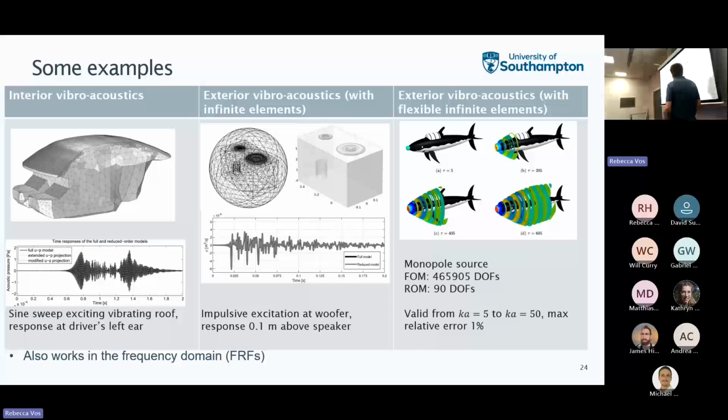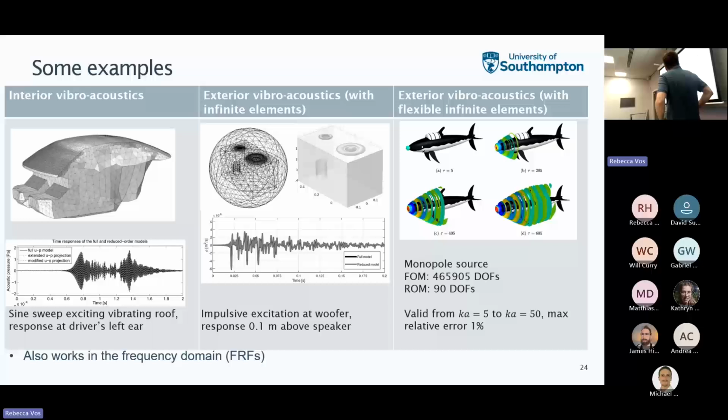And some other examples. Here we have a car cavity where we modeled also the roof. So it's a vibro-acoustic model where we excited the roof with a force and then calculated the response because of the sine sweep excitation, and a loudspeaker example where we just excited the woofer of the loudspeaker.